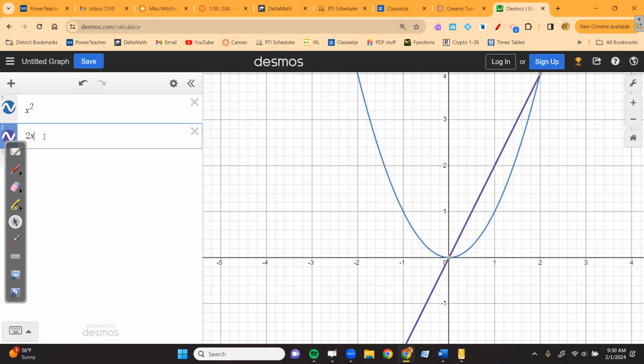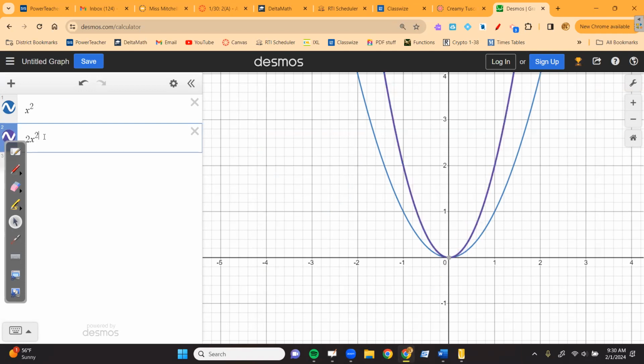So now I'm going to graph 2x squared. And the darker graph is the one I just graphed. I'm sorry to ask this, but what do you notice? It's thinner. And what causes a graph to be thinner is that it grows at a quicker rate. This time, I'm going to use my big red dots again, because this is a perfect time for them.